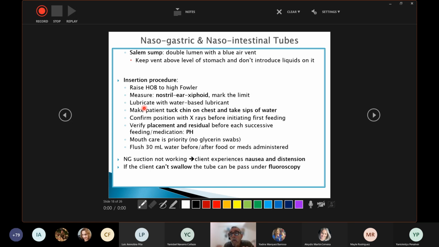Once you reach the mark, you secure the tube with tape to the nose, get an X-ray, and then you can document what you did. Each time in the future that you introduce something there, check for placement with the pH.